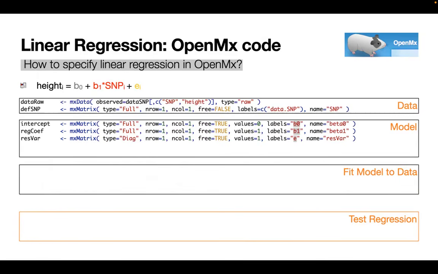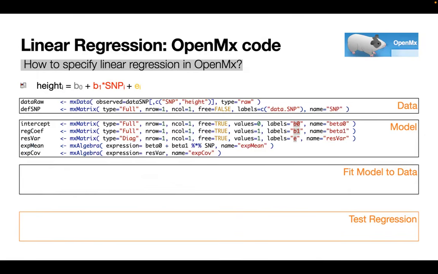Next, we have the model section where we create matrices for each of our parameters of interest, the B0, the B1, and the E parameter, and each are put in matrices that are defined by their type, the number of rows, columns, whether or not it's a freely estimated parameter, what the starting value is, and the name that we want to use, and that we then also use when we want to create the algebra that defines the equation, which is done here in the expected mean and the expected covariance statements.